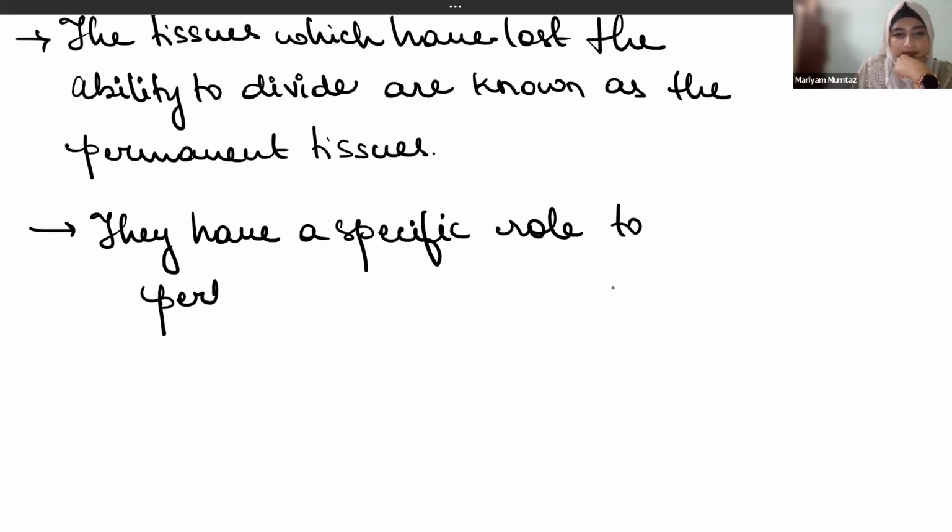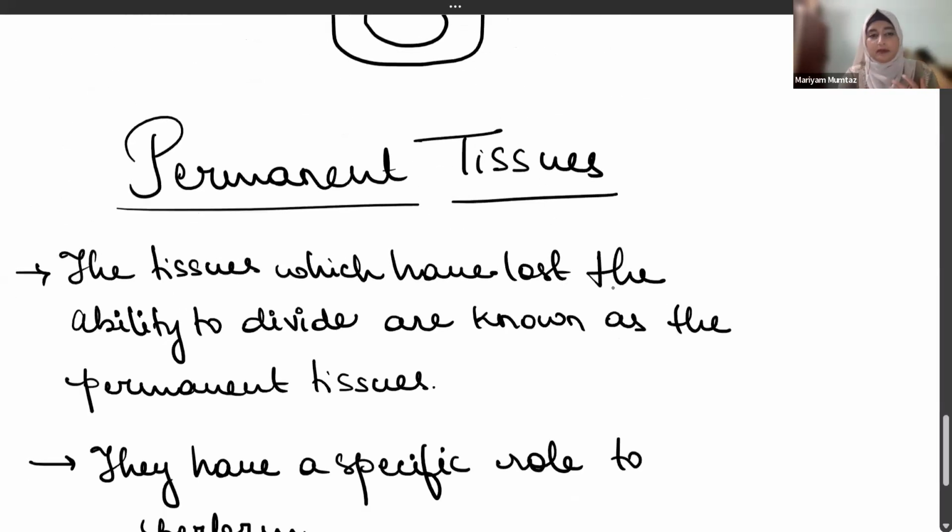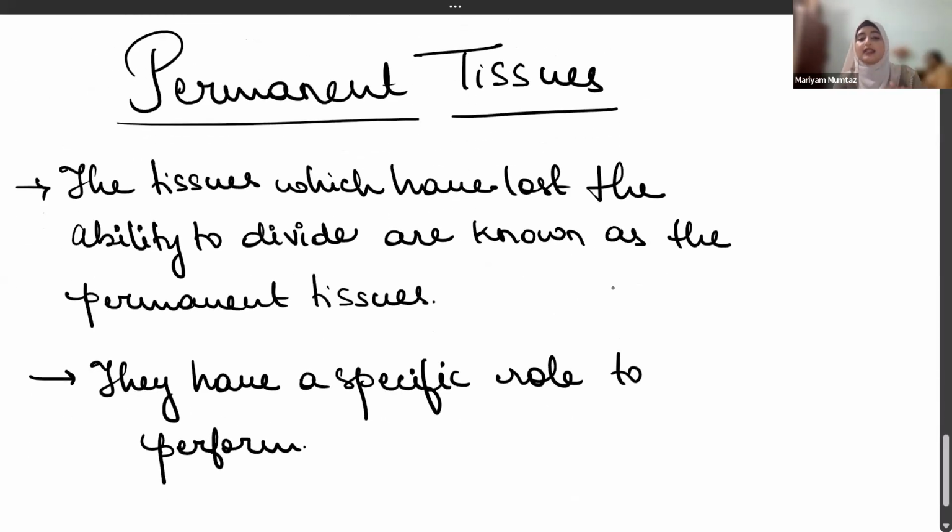Is it clear? Meaning when the meristematic tissues have lost the ability to divide, they are known as the permanent tissues.